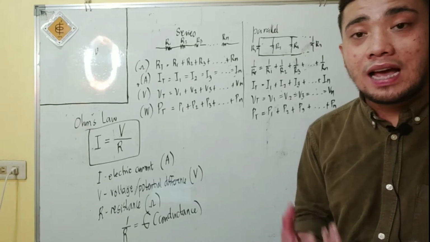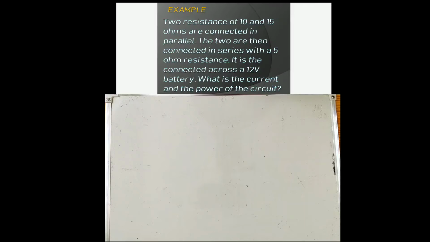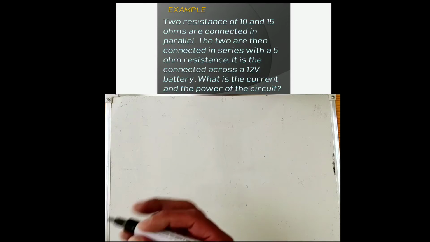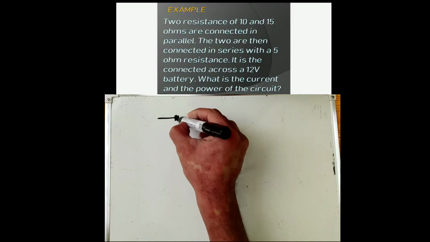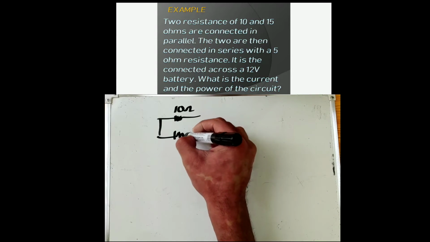I'm going to give an example about this. In this problem, we have two resistors connected in parallel, which have values of 10 ohms and 15 ohms respectively.